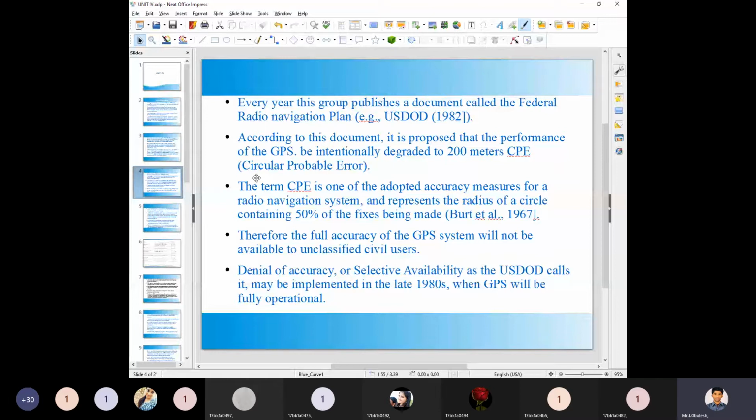Therefore, the full accuracy of the GPS system will not be available to unclassified civil users.